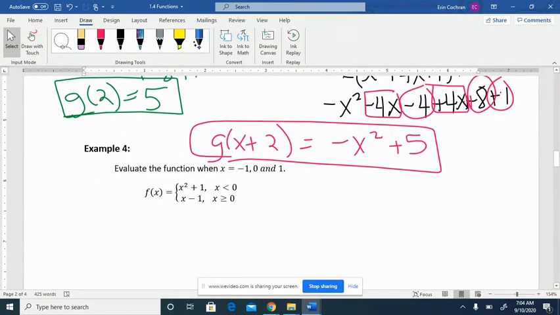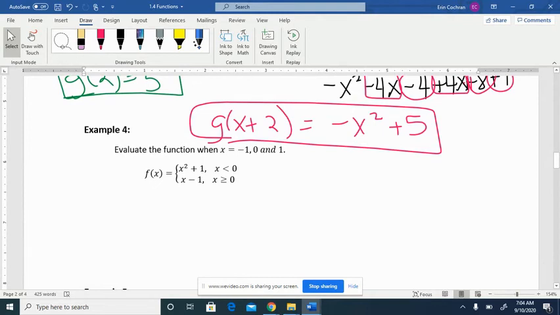Evaluate the function when x is -1, x is 0, and x is 1. So here we have some restrictions. We have x is less than 0, and x is greater than or equal to 0. When x equals -1, could we put x equals -1 in the first equation?